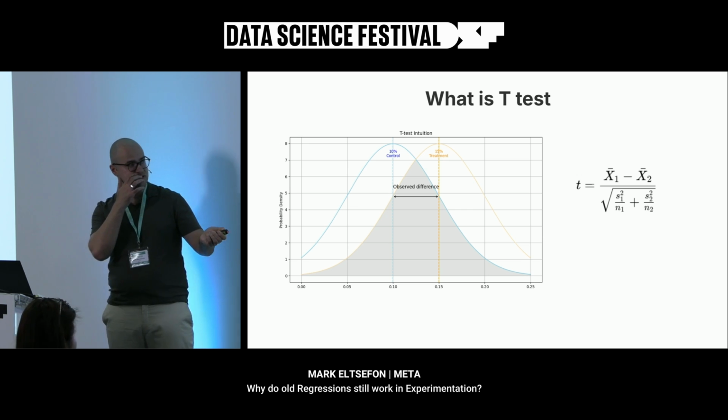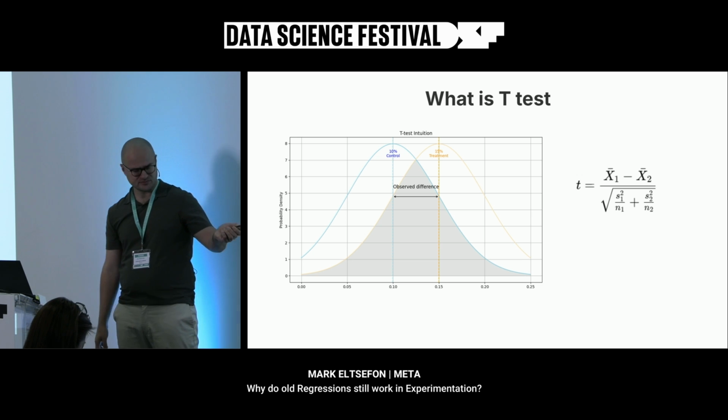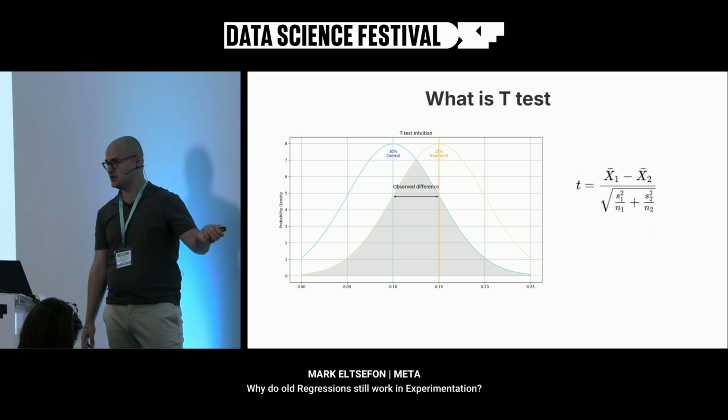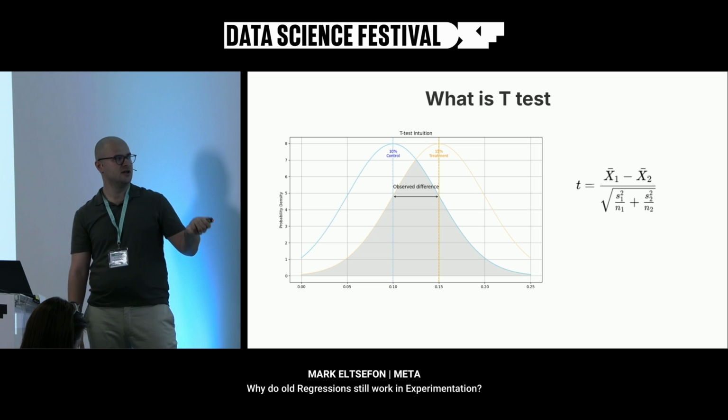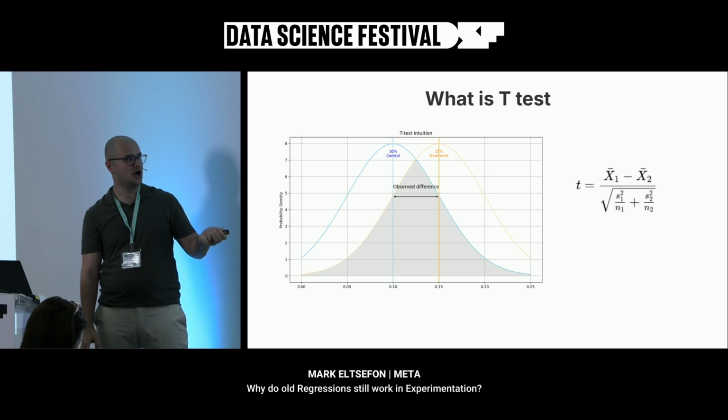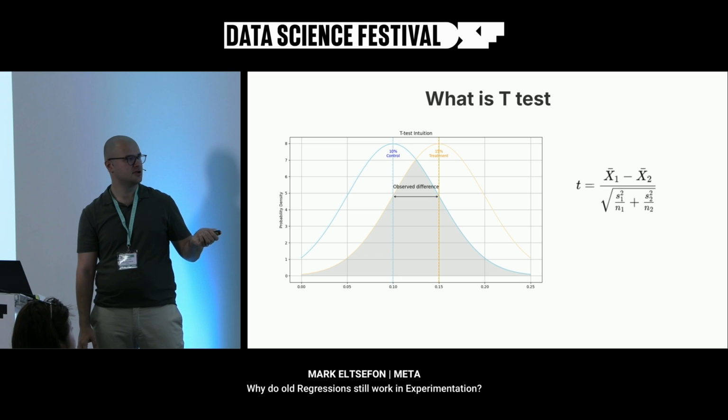So the idea is if this t-statistic is big enough, we can say that it's not due to random chance, it's really because our change caused it.